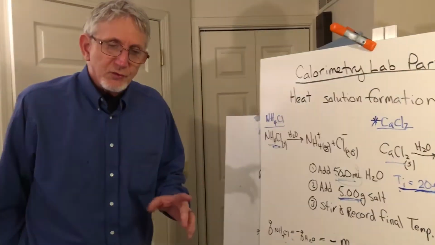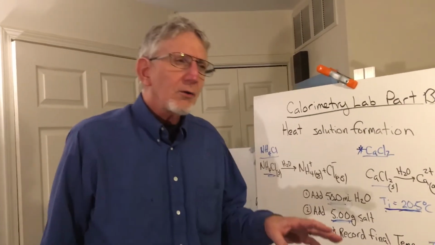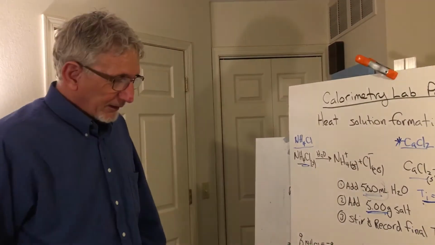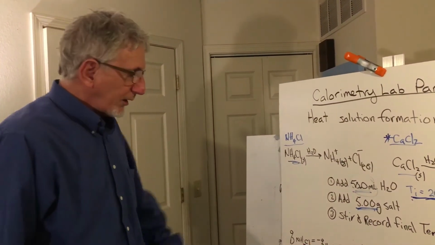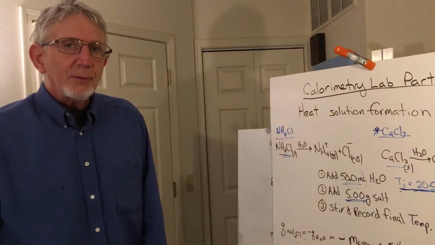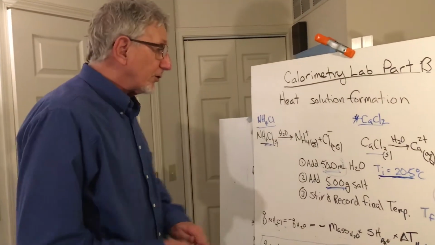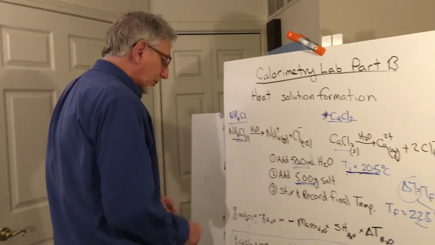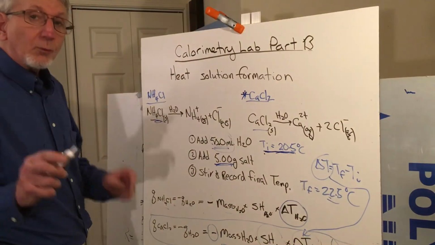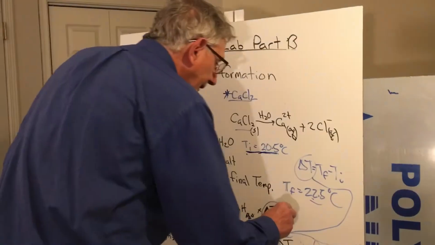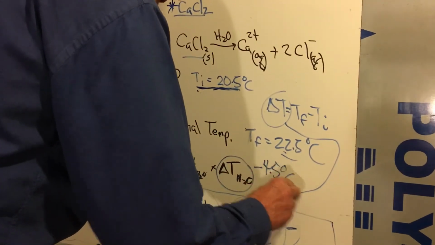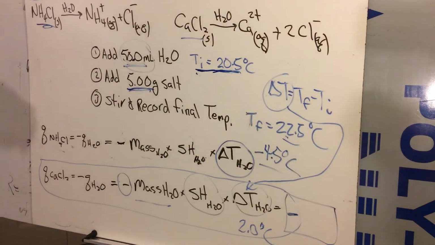So now what you do is you go to the Show Me online video for the Part B calorimetry. And you'll see some further calculations that you need to do for your lab report with this. And it turns out that we've already done the ammonium chloride, and the temperature change for the ammonium chloride was negative 4.5 degrees C. The temperature went down.